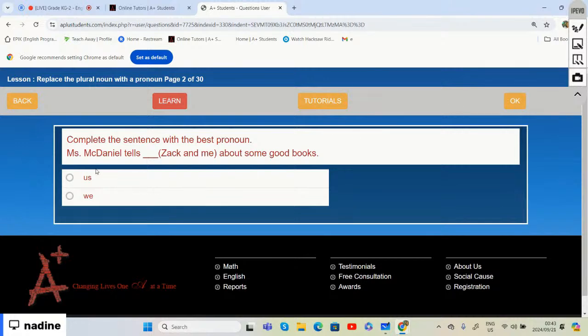Miss McDaniel tells Zach and me about some good books. So if we replace Zach and me, do we say option one, Miss McDaniel tells us about some good books, or Miss McDaniel tells we about some good books? Which one is correct?